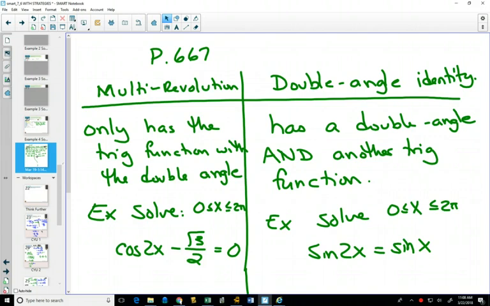You'll know you have to use a double angle identity when you have a double angle and another trig function. So in this example, we have sine 2x equals sine x. Well, I have my double angle, but I have another trig function, sine x, on the right-hand side. That's going to be a question where we have to use our double angle identity and then see what strategies we can use from there.